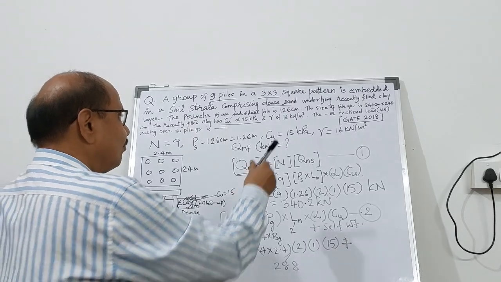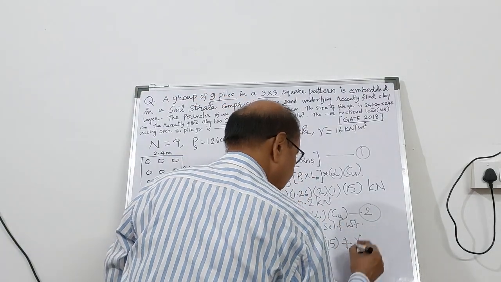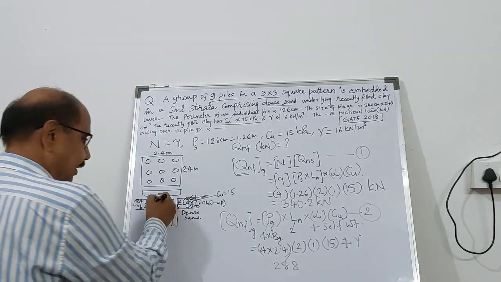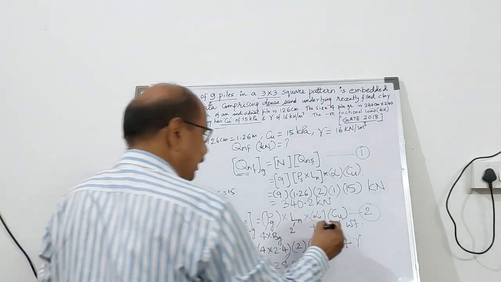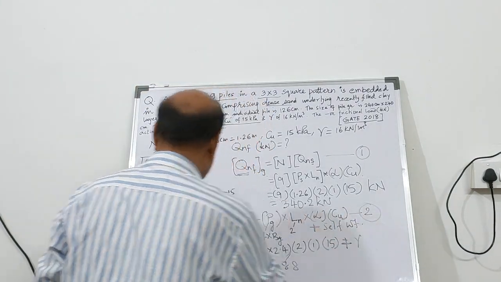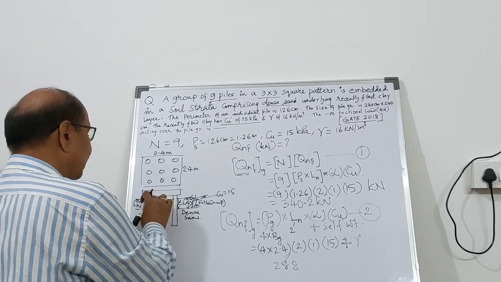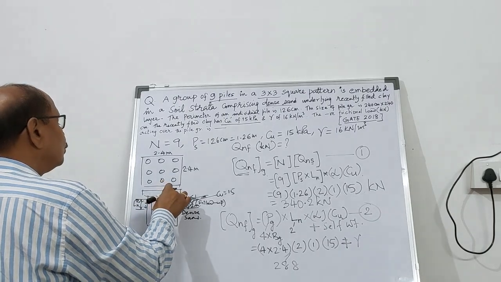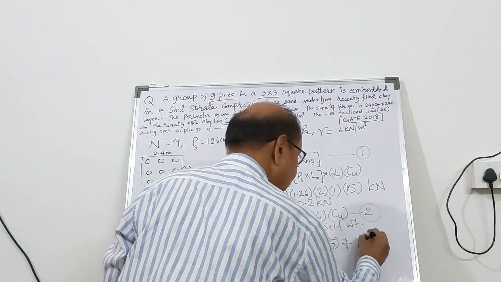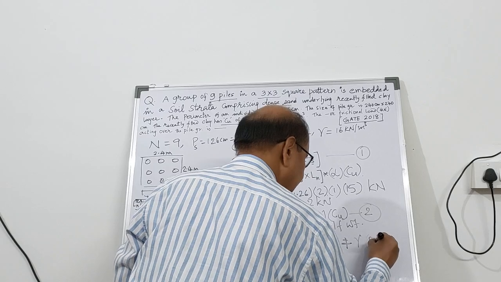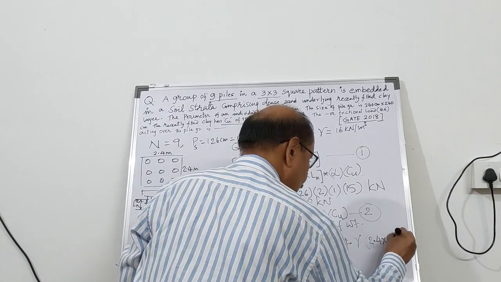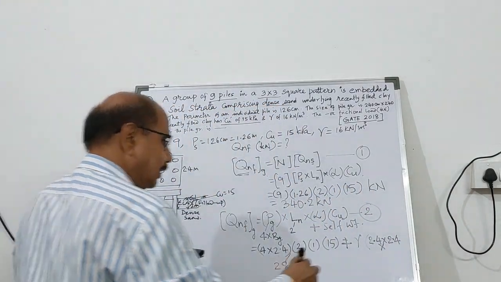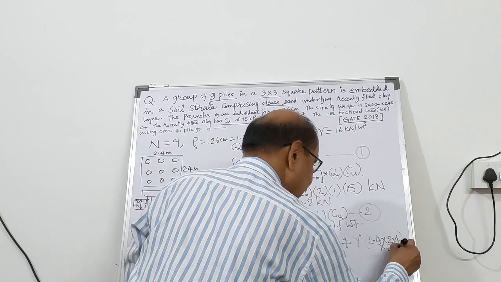Now what would be the self weight? Gamma is given to you. So gamma multiplied by the volume of this. So what is the volume of the clay? The self weight of the clay in this zone will be how much? Gamma into the area. Area is going to be 2.4 by 2.4. And what is the height? It is 2 meter.